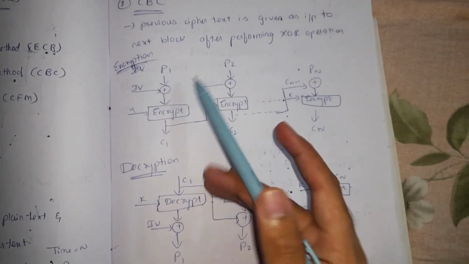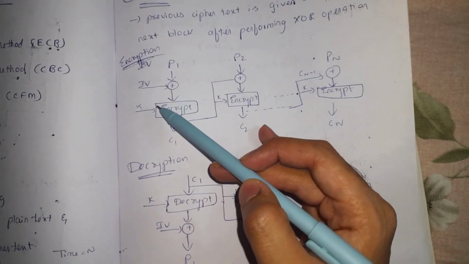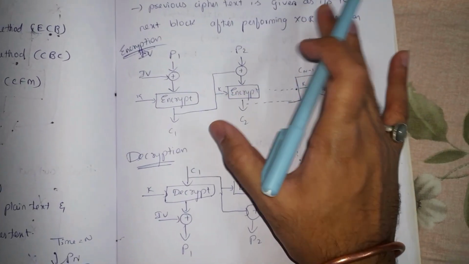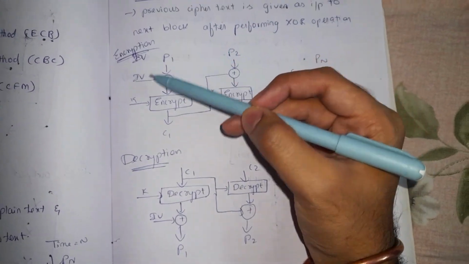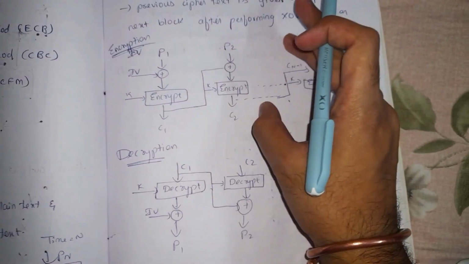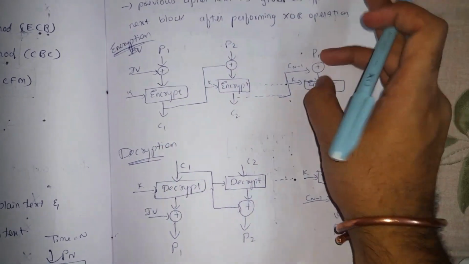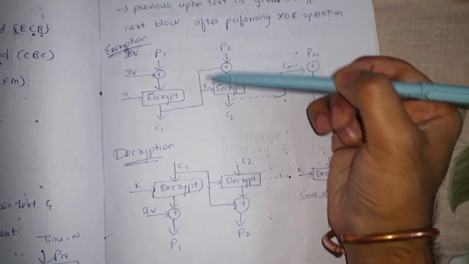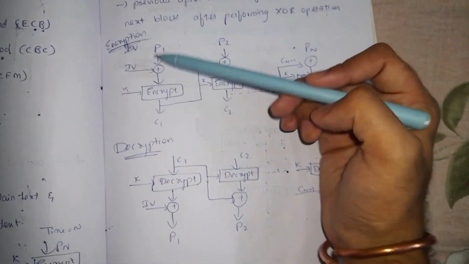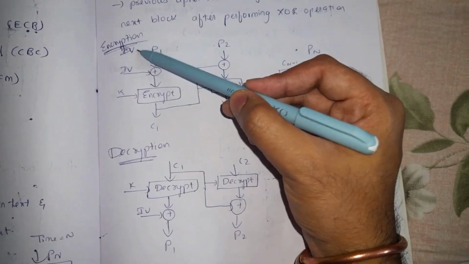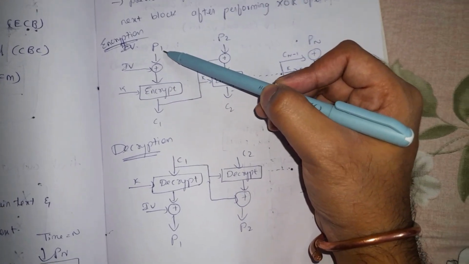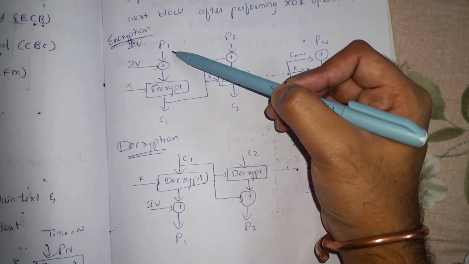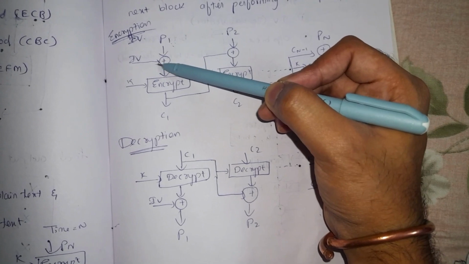Now the second one is CBC, the Cipher Block Chaining method. In this one there is an initial vector. Encryption is performed using plain text and key. The plain text is split into a couple of blocks, and each block is encrypted using a specific key. Here in the encryption process we take the plain text and combine it with the initial vector, using an XOR operation.